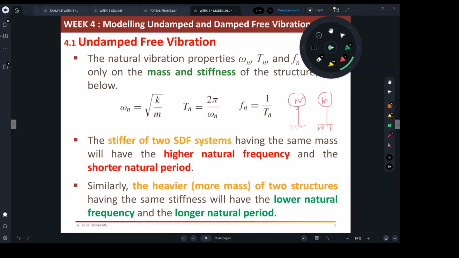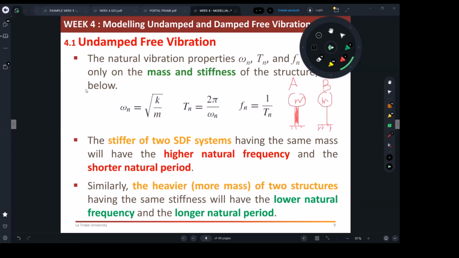If one of them has a thicker, stiffer column, which one will have higher natural frequency, A or B? The answer is in front of you. A, because it's stiffer, will have higher natural frequency and shorter natural period.